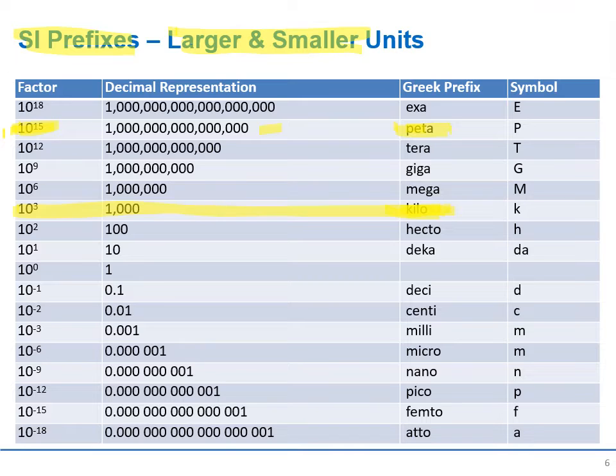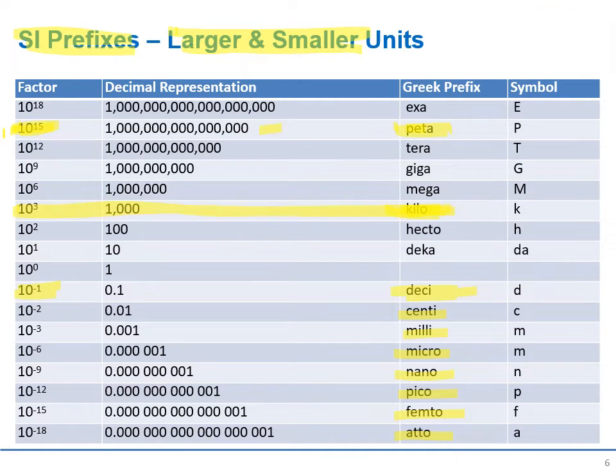Similarly, we have all these prefixes. Decimeter means 10 raised to the power negative 1 meter. So suppose 4 decimeters means 4 into 10 raised to the power negative 1 meter. Like this, you have centimeter, millimeter, micrometer, nanometer, pico, femto, atto.